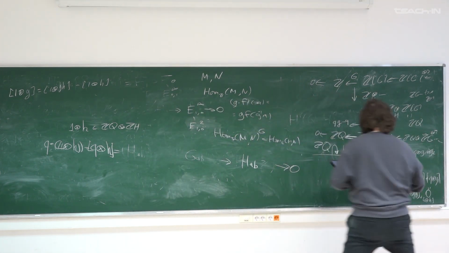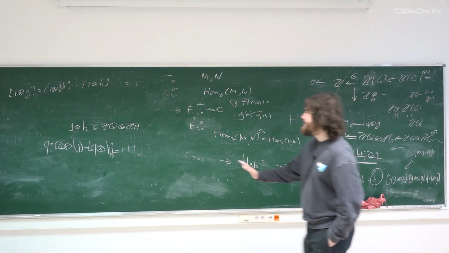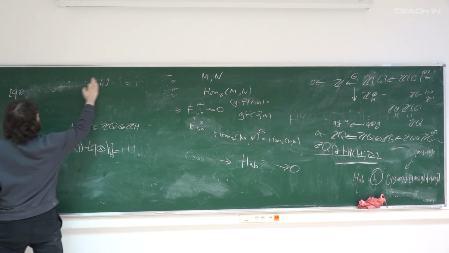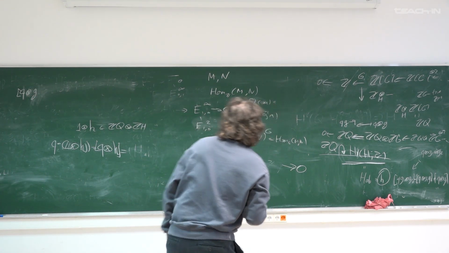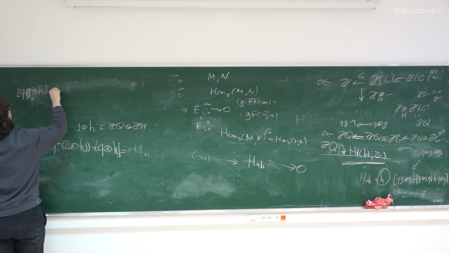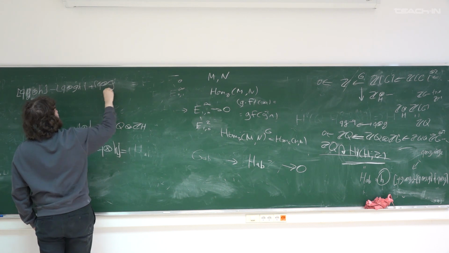Do you understand what's happening? Using this boundary relation, I have this general relation: Q G tensor H minus Q tensor GH plus Q tensor G equals 0.